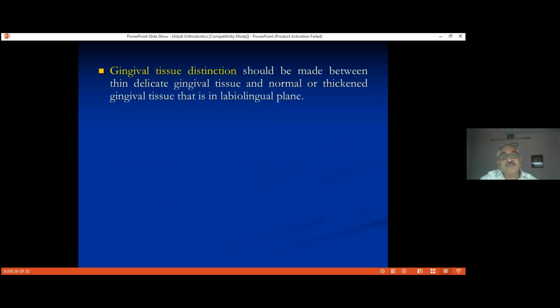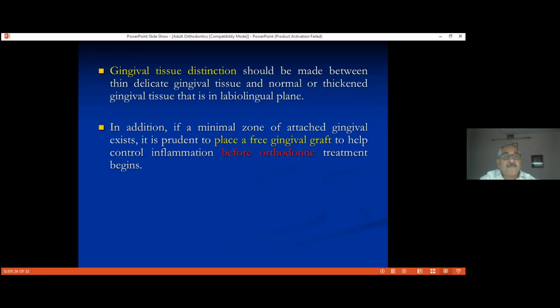A distinction should be made between thin, delicate gingival tissue and normal or thickened gingival tissue in the labiolingual plane. In addition, if a minimal zone of attached gingiva exists, it is prudent to place a free gingival graft to help control the inflammation before the orthodontic treatment.